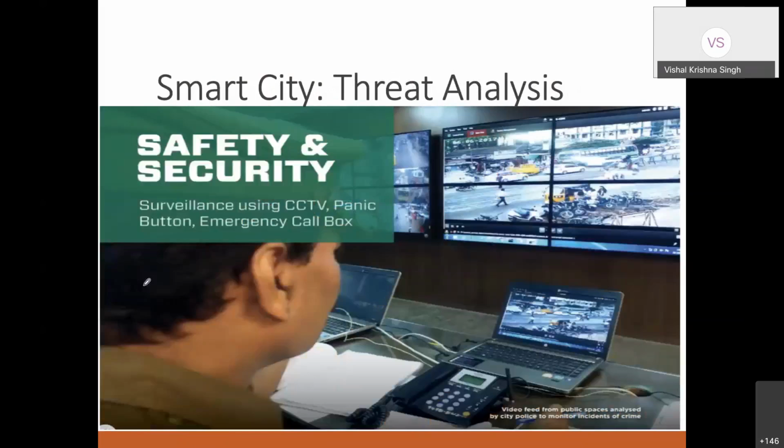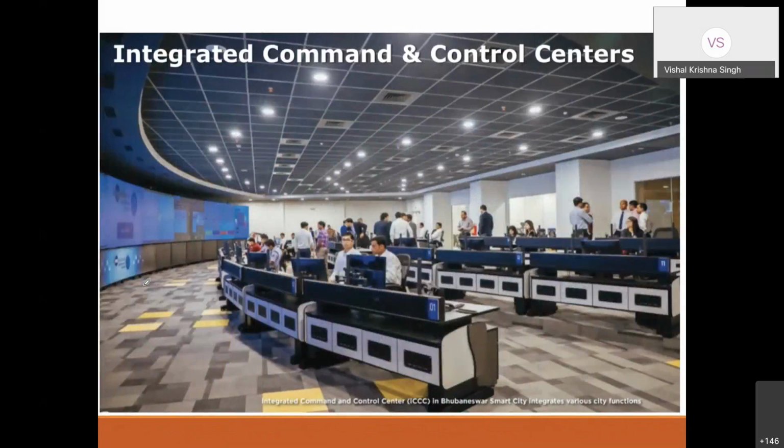Now, when we talk about security and threat analysis in a smart city environment, I'll discuss one of the many applications. The figure over here is an image of an integrated command and control center in Bhubaneswar, where this center is responsible for monitoring and detecting any and all the activities which are happening over the city and are being monitored by the surveillance systems which are placed.